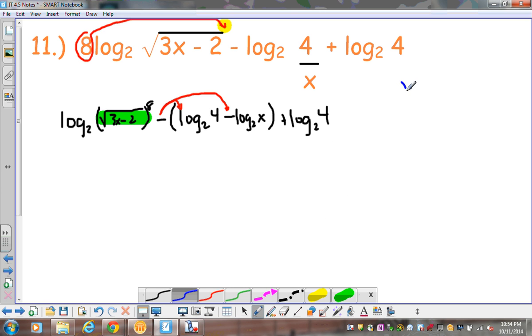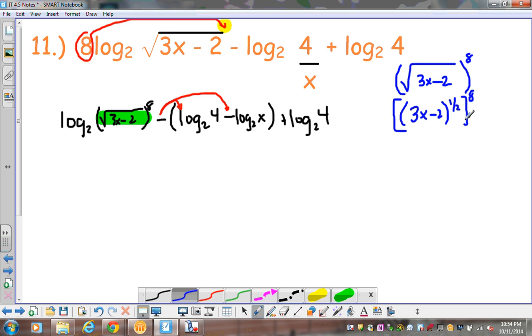If I've got the square root of 3x minus 2, and that's raised to the 8th power, remember, instead of taking the square root, that's the same thing as raising it to the 1/2 power. And I've still got it all raised to the 8th. So taking the square root of 3x minus 2 is the same as taking 3x minus 2 and raising it to the 1/2. Now, I've still got it raised to the 8th power.